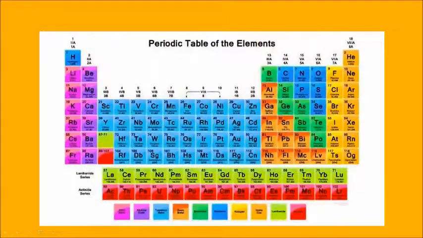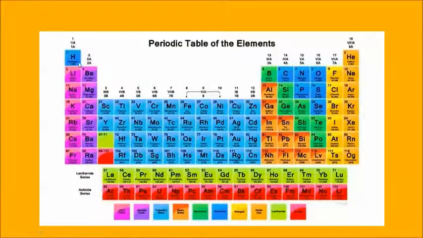Now, we know the periodic table has how many groups and how many periods. Here, you have a periodic table which consists of 18 groups and 7 periods. Along with that, there is a series of two rows, the lanthanoid series and the actinoid series.